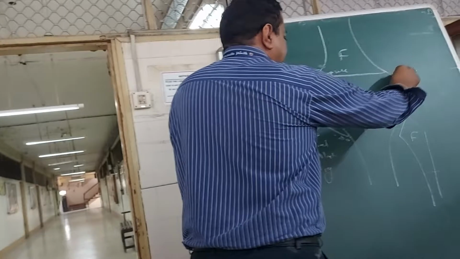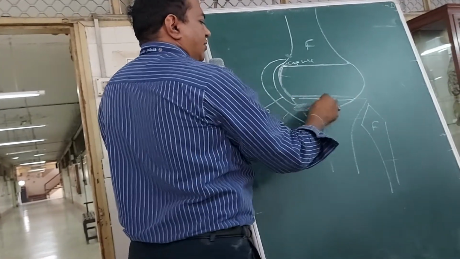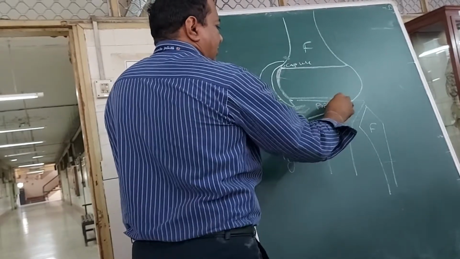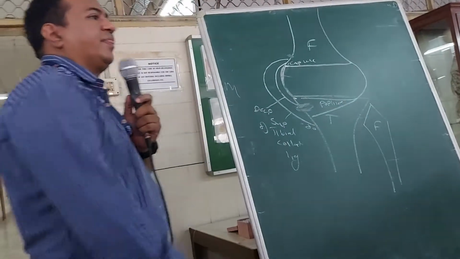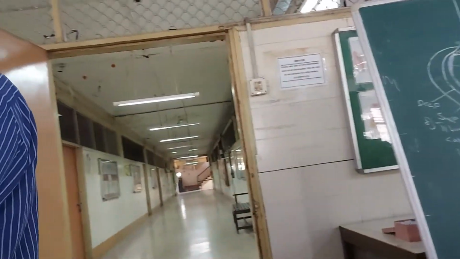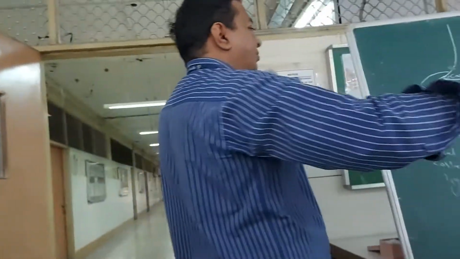On this side, the first line will be the popliteus muscle, because it is intracapsular.